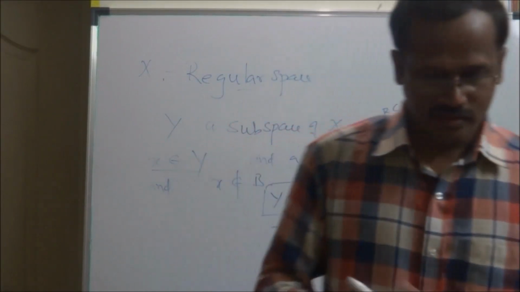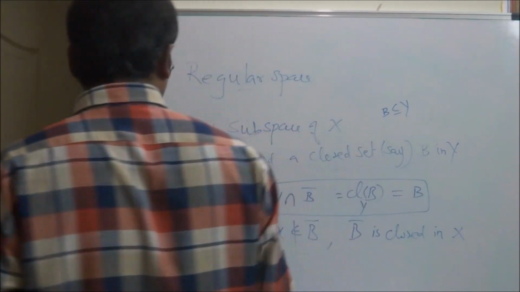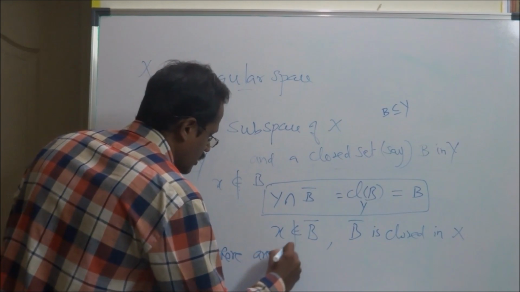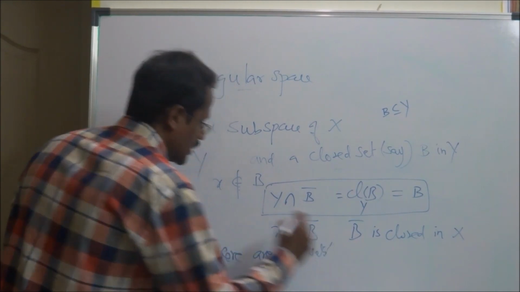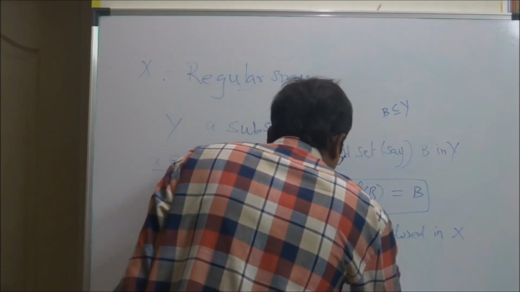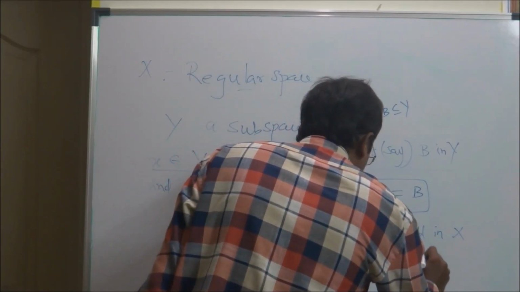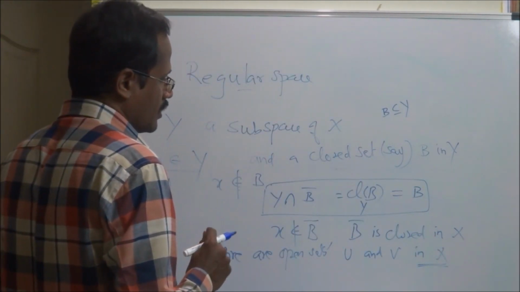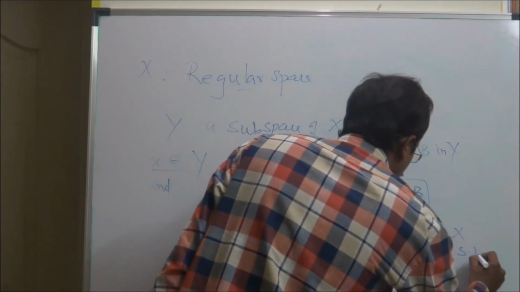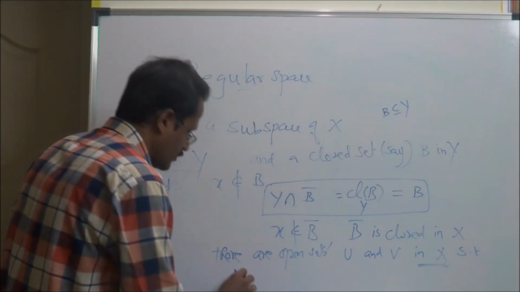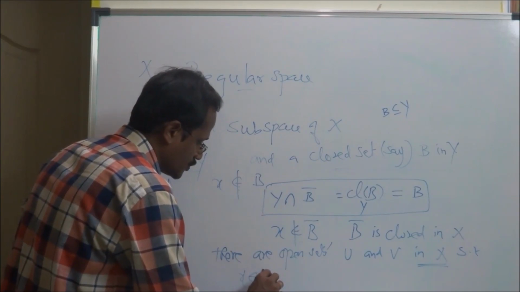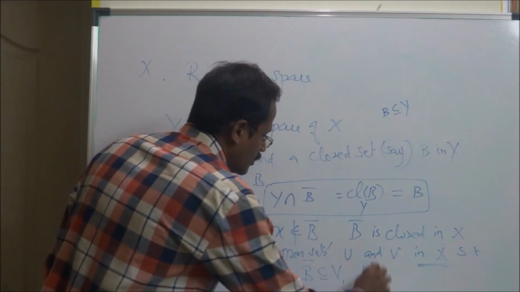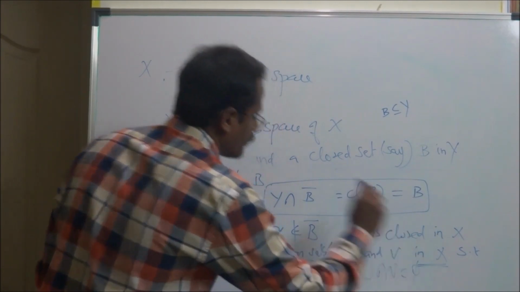Here is a point and a closed set not containing the point, therefore there are open sets, say U and V in X. This word is somewhat important: in X, such that X belongs to U, B closure is a subset of V, and U intersection V is empty.